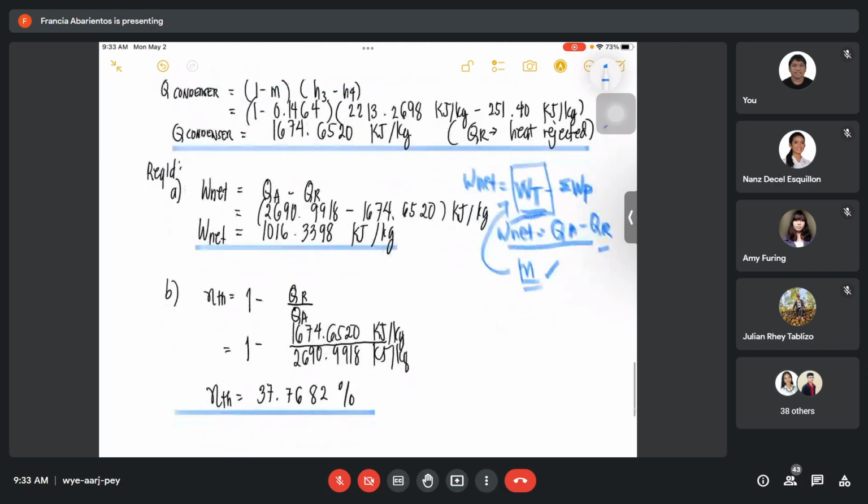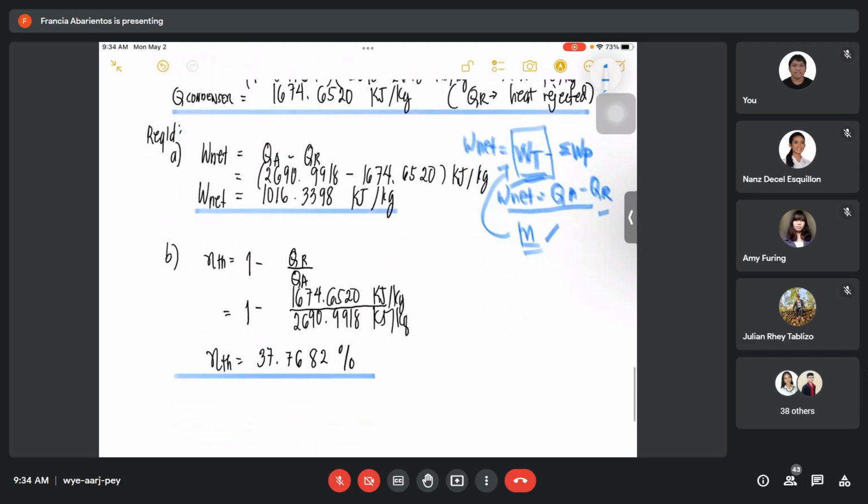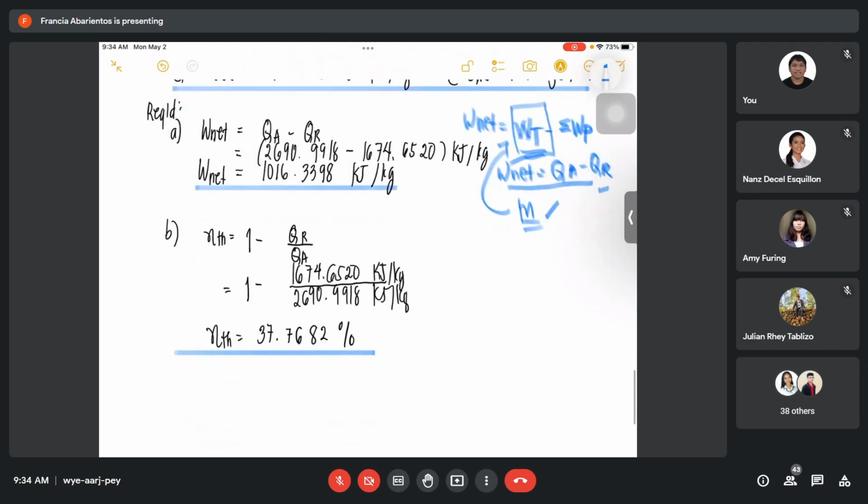So, we now have the work net. And finding the thermal efficiency, this is it, class. Our work net is equal to the heat added minus the heat rejected, over QA.